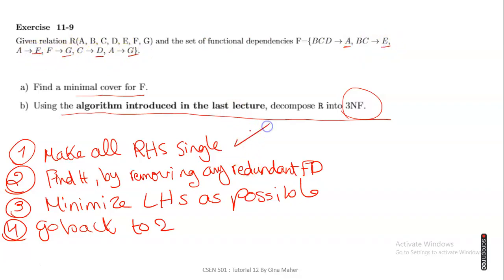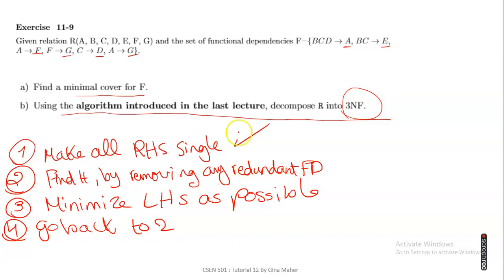So, this one is already there. Now, we want to check the redundant dependencies. How can we do so? We can do so by checking the closure of each one of them.